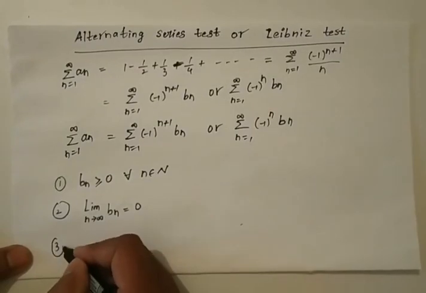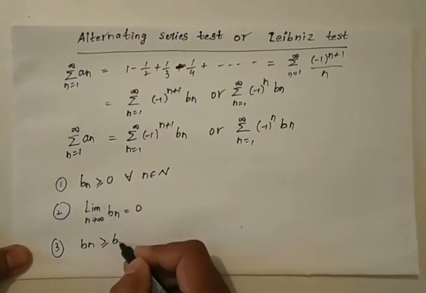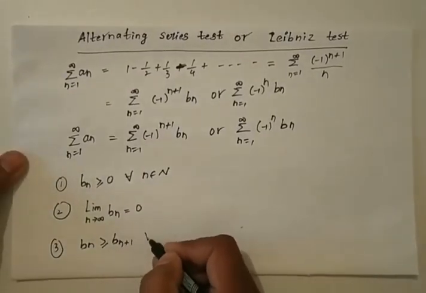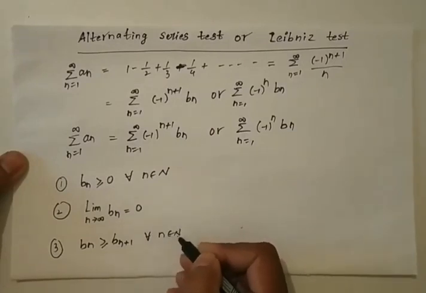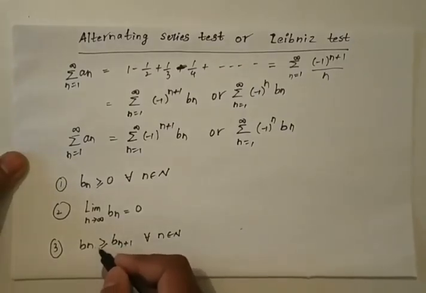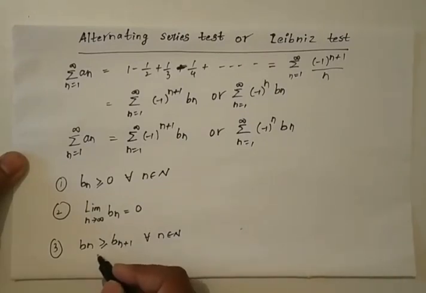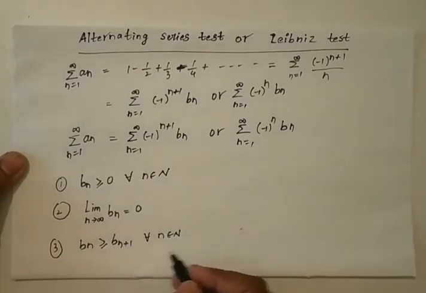Next, the third condition: bn greater than or equal to bn plus 1 for all n belonging to capital N, which means that bn is a decreasing sequence. So the third condition is bn greater than or equal to bn plus 1 for all n, therefore bn is decreasing.